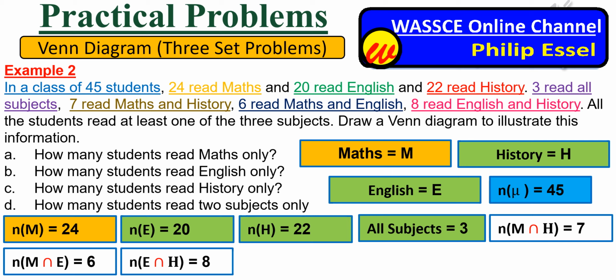Again, from the question, we are told that all students read at least one of the 3 subjects. What this means is that we do not have any student in this class who do not read any of the subjects. So we've been able to get the most important information from this question. Let's rewrite them on a fresh page and use them to draw our Venn diagram.